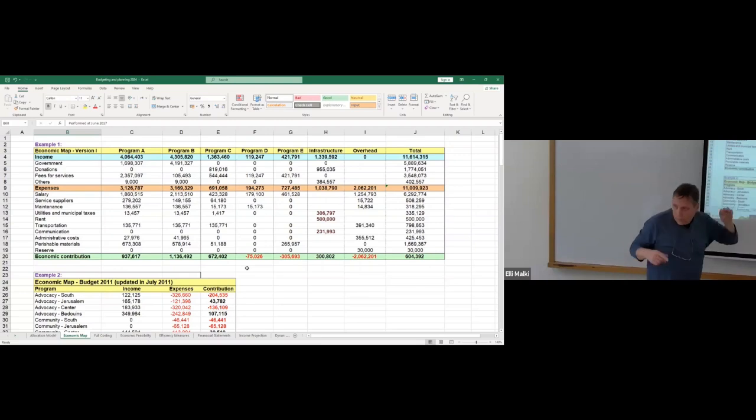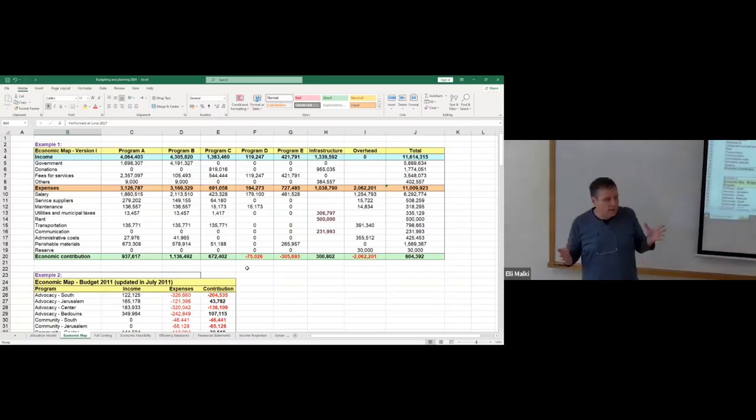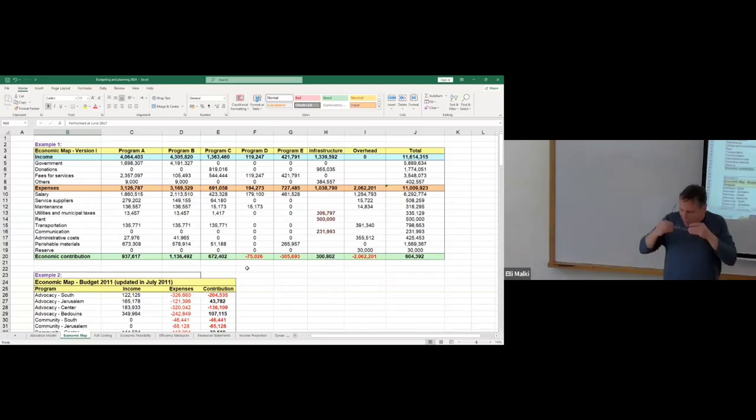Note, we will go back to that, there are two items that appear here in the infrastructure. That is rent, okay? And maintenance and, what is this? Communication, okay? So these are the rent. This organization rents a large facility for its programs.